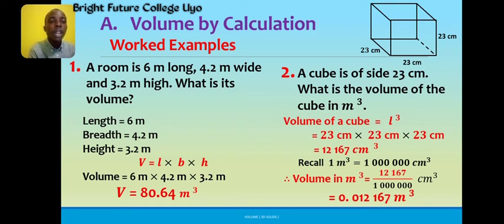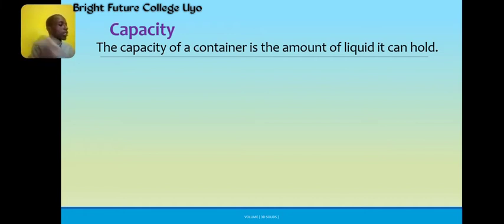I believe you understand this. Okay, so we go on. We have what we call capacity now. Capacity is the amount of liquid a container can hold. The capacity of a container is the amount of liquid it can hold.